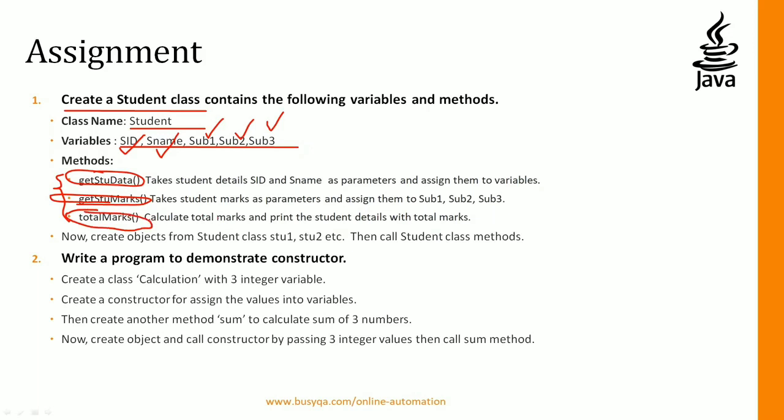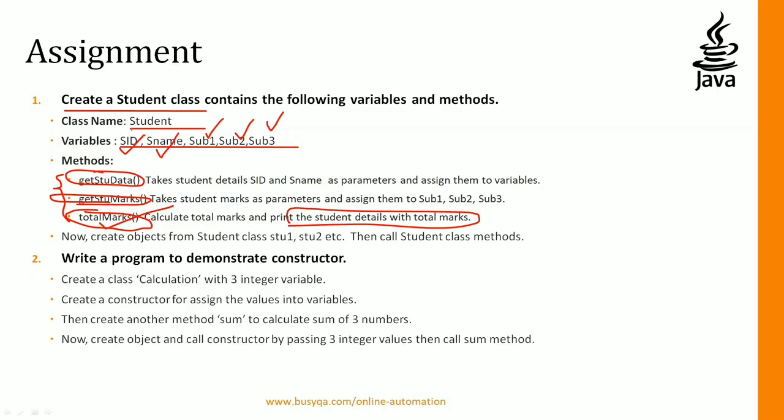This method will calculate the total marks, meaning subject1 plus subject2 plus subject3, and print the student details with the total marks, meaning student id, name, and total marks. Everything will be printed by using this method. This is the functionality of these three methods.